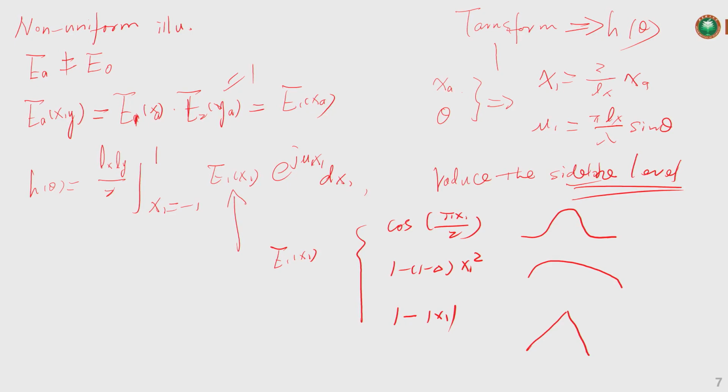When we substitute these equations in here and take the plots, we can obtain the beamwidth, the radiation directivity, and the side lobe level also. So first, let's take this plot as an example, the cosine function.